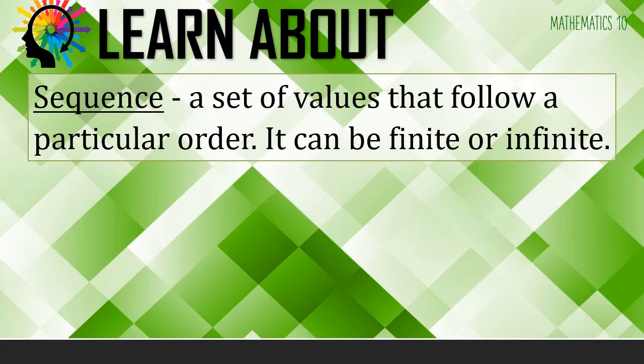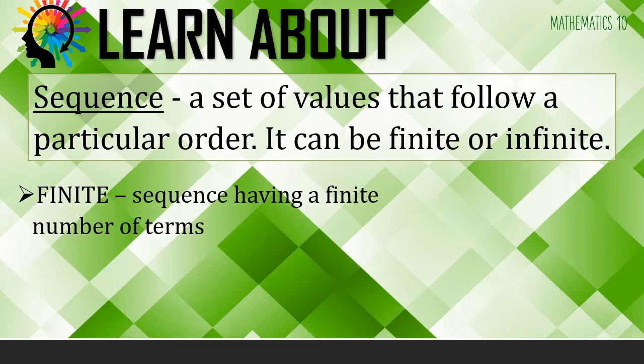Next, a sequence is a set of values that follow a particular order, and a sequence can be finite or infinite. Now, what is a finite sequence? A finite sequence has a finite number of terms. For example, we have 2, 4, 8, 16, and 32.